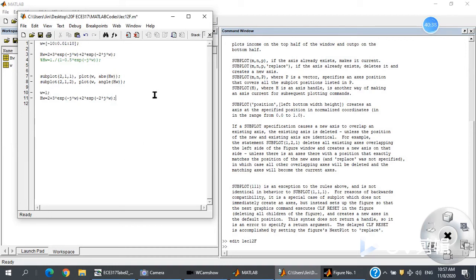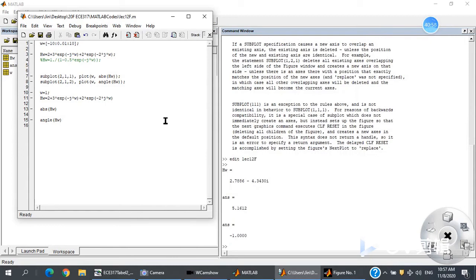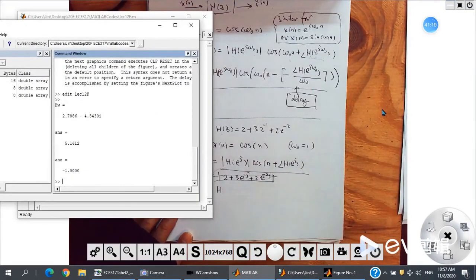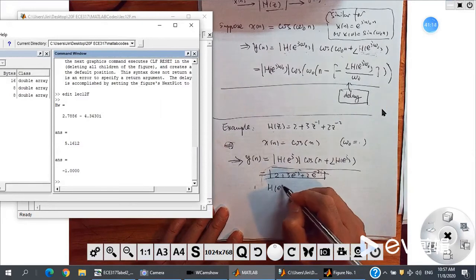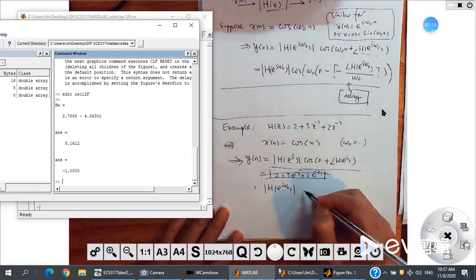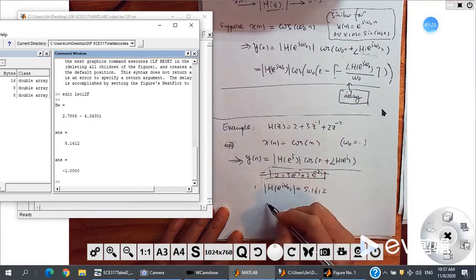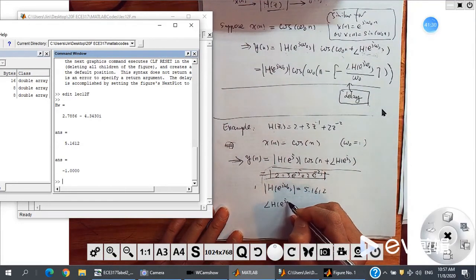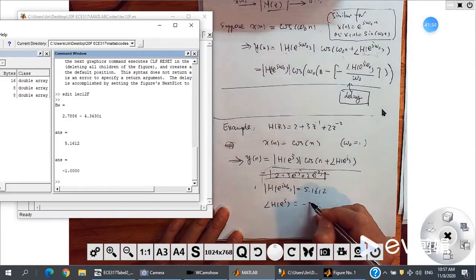Then I can see H(ω), the absolute value of H(ω), and the angle of H(ω). The answer is here: the magnitude is 5.1612, and the angle of H at omega equal to 1 is negative 1.